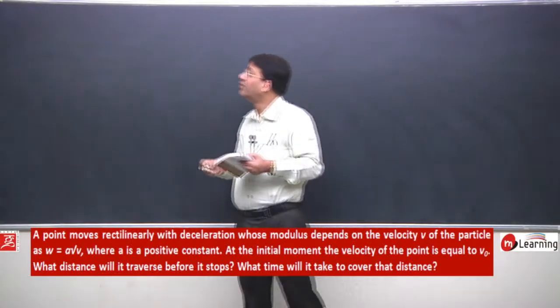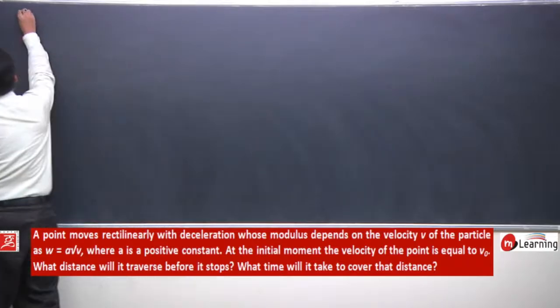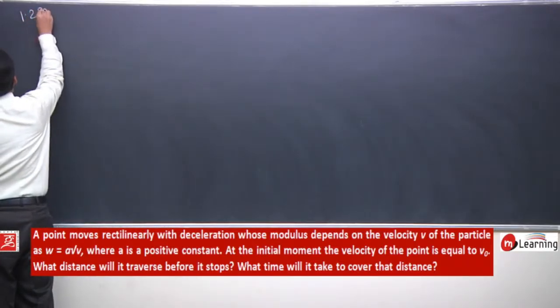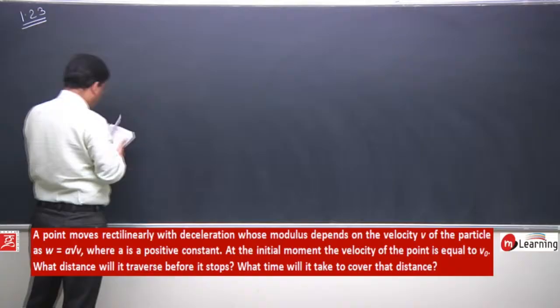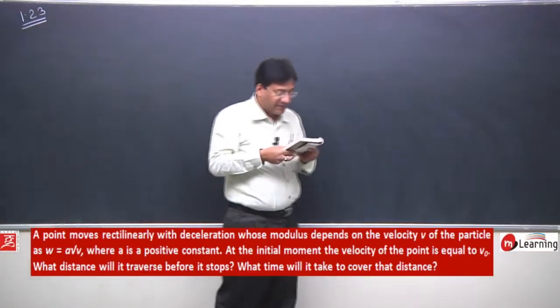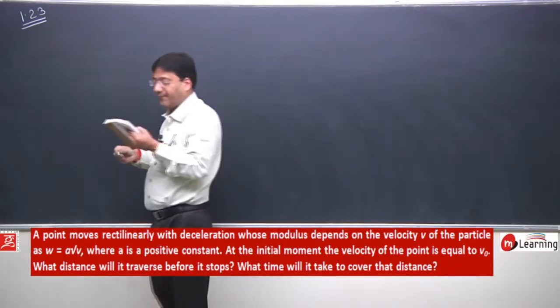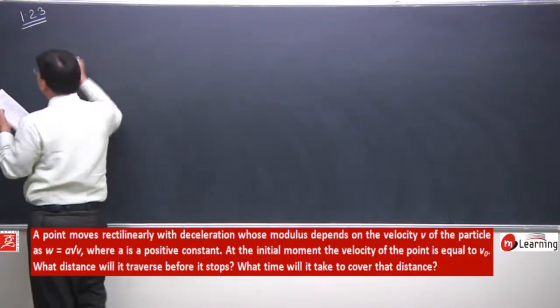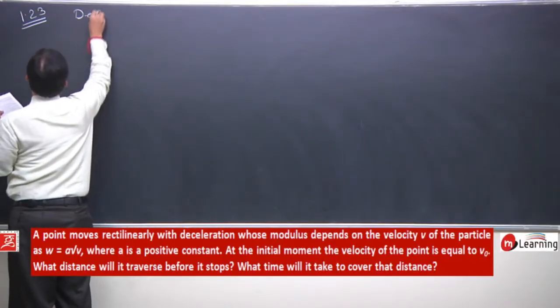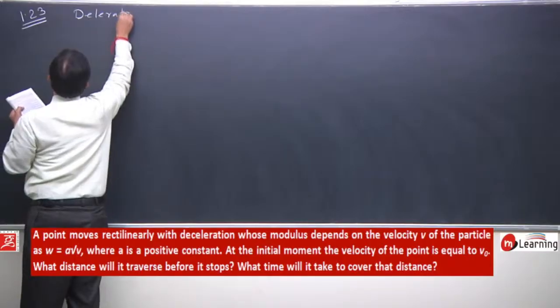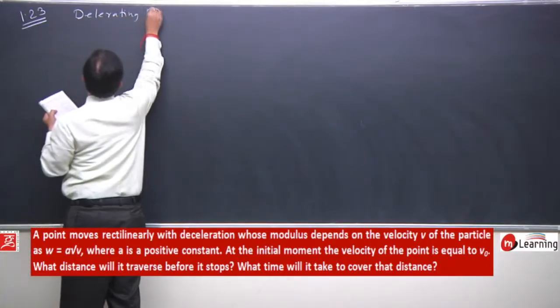Now, let us solve problem number 1.23 from the book. Let me read the problem statement for you. A point moves rectilinearly with deceleration, so we are talking about a decelerating particle.